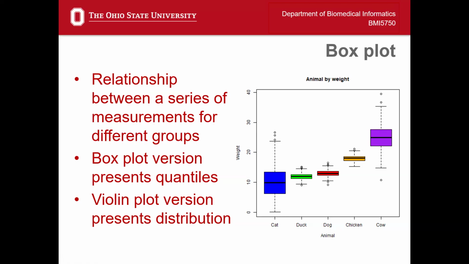And that might make more sense for what you are trying to do with your data. The box plot is representing quantiles. And it also shows whether there are measurements in this data that are outside of the main bulk of the data.